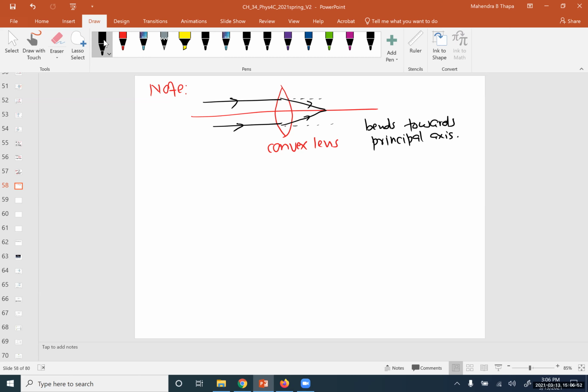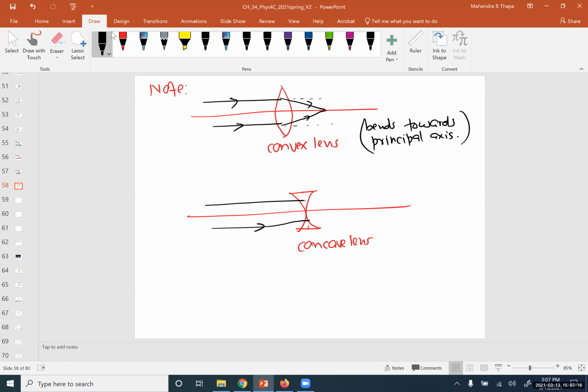If you take the concave lens, then if you pass the parallel incident rays, it bends away from the principal axis.